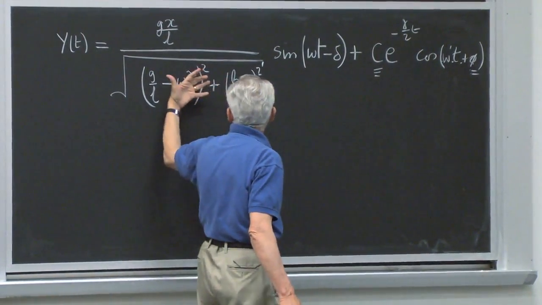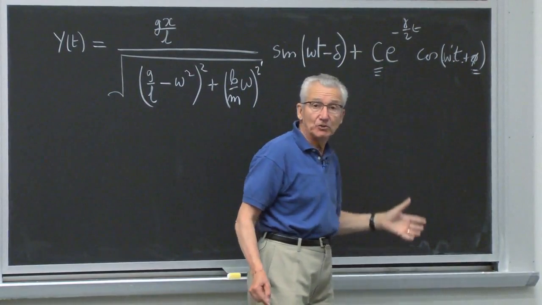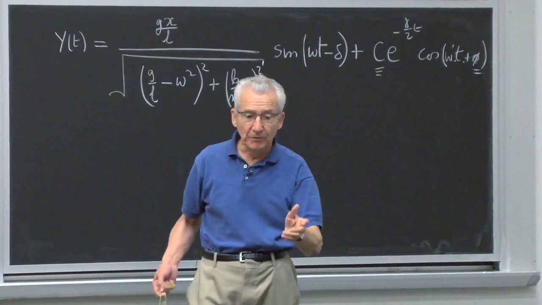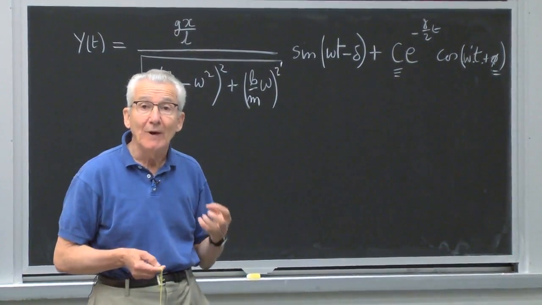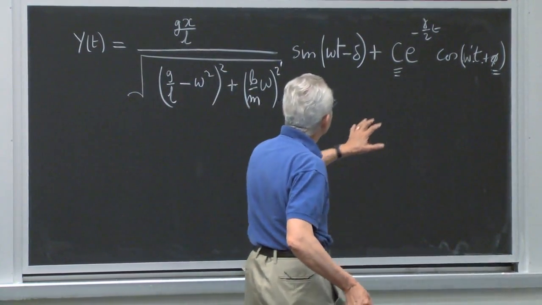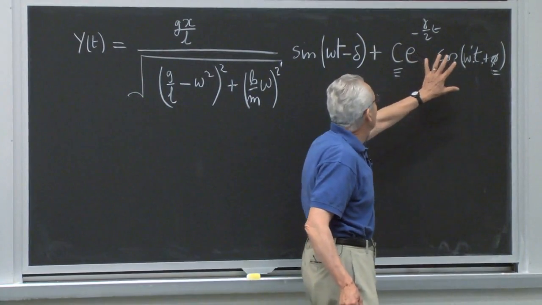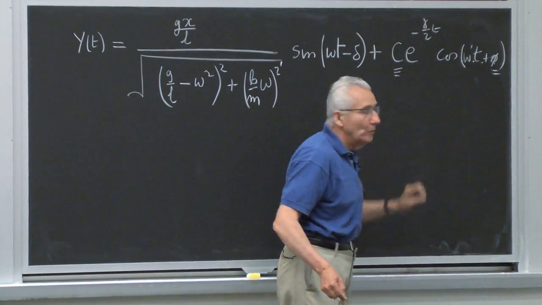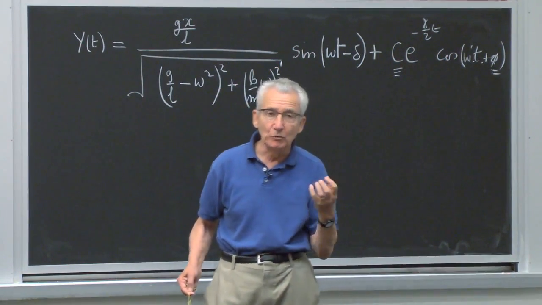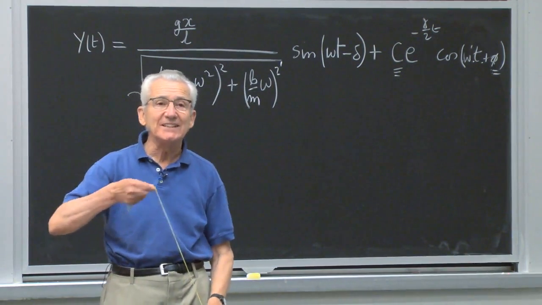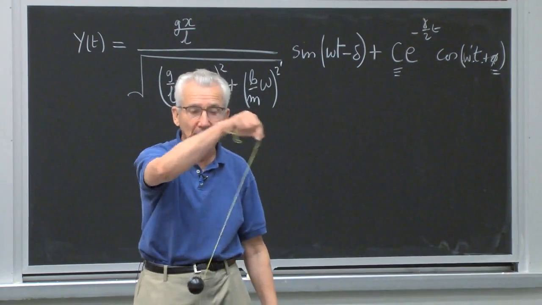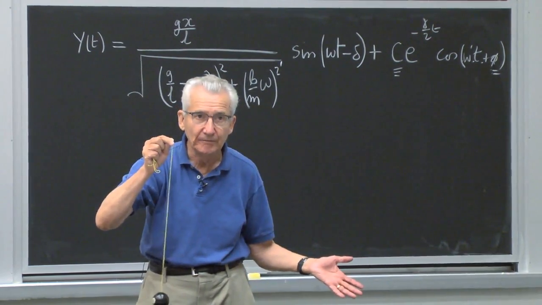When you add two oscillating functions, you've learned from Professor Walter Lewin's class, you get beats. So at first, when this is large, these two oscillatory motions will beat one against the other, and you'll get some kind of crazy motion. You can't make sense of it.